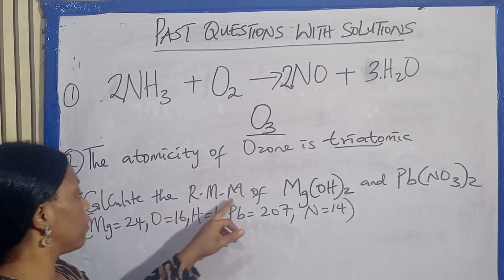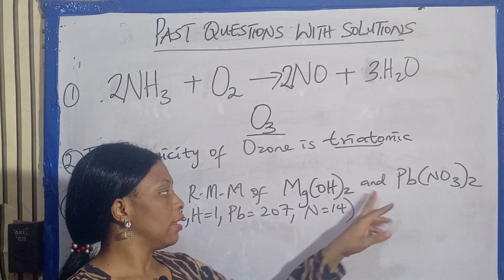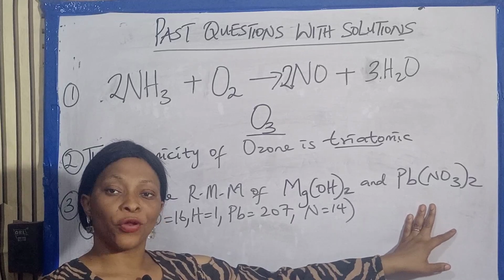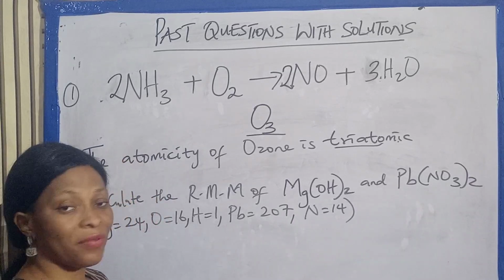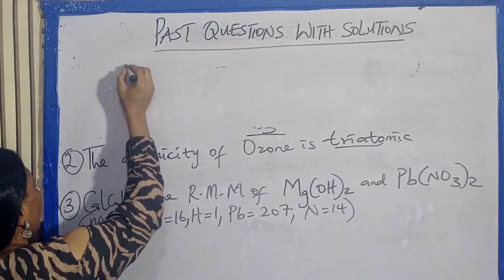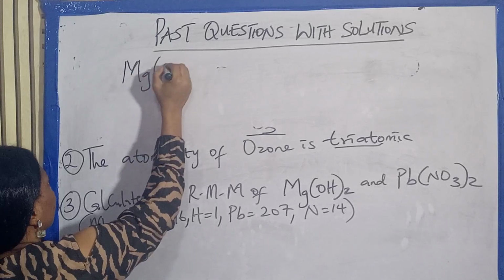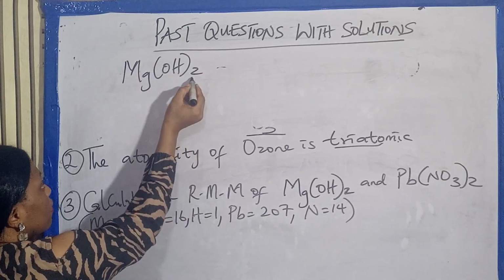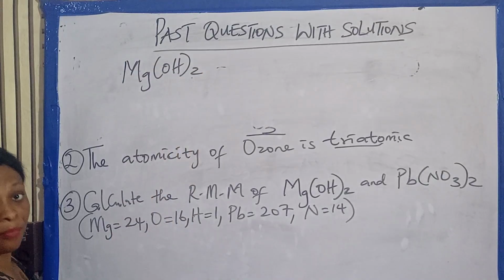Calculate the relative molecular mass of magnesium hydroxide and lead trioxonitrate(V). It is very simple. So let's solve. You have magnesium hydroxide. Remember, this 2 is affecting everything in the bracket.